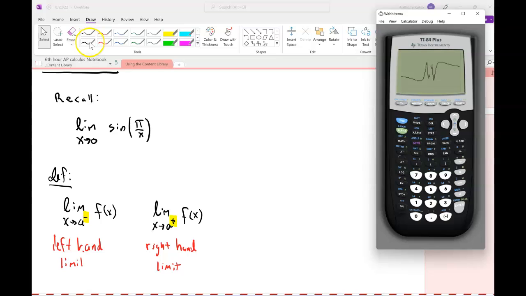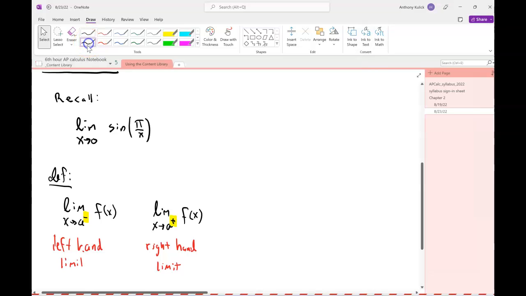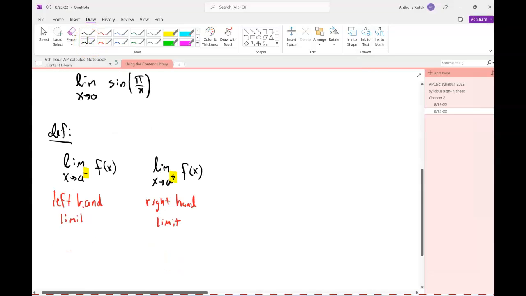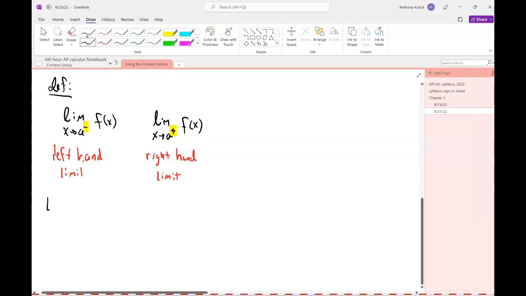So let's write that down as a lemma here. A lemma is just like a minor theorem.